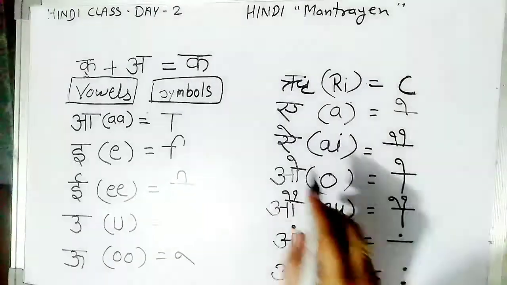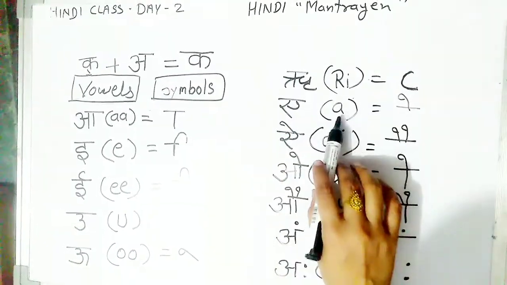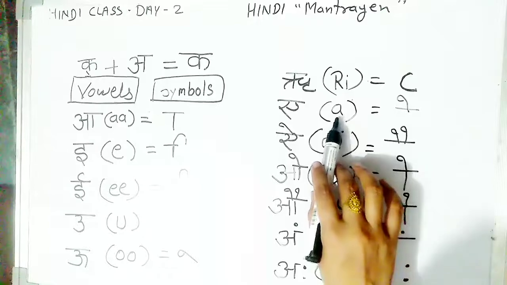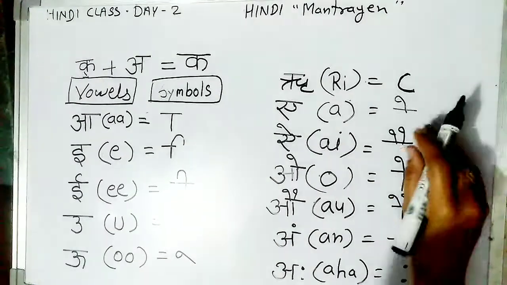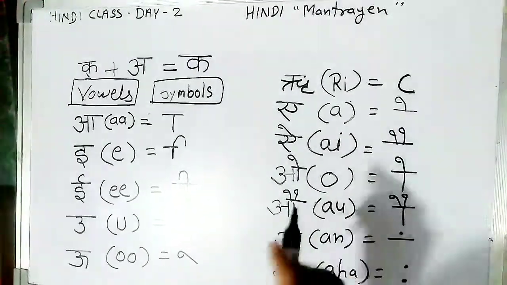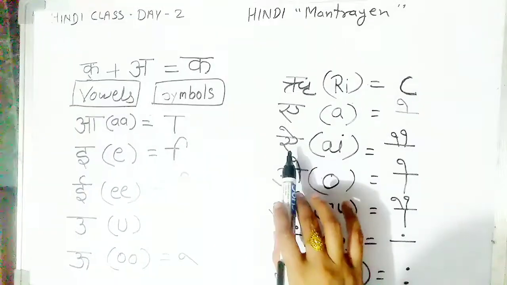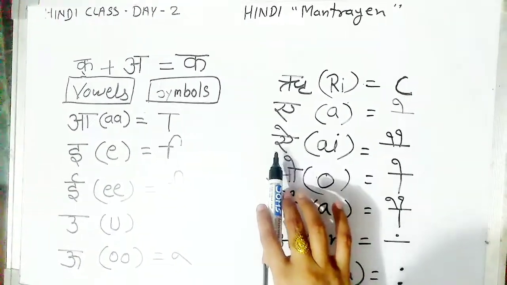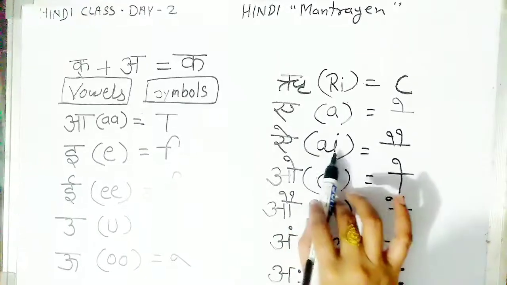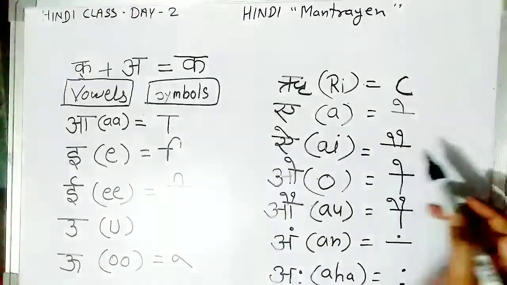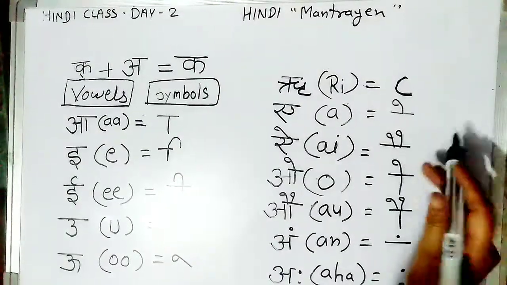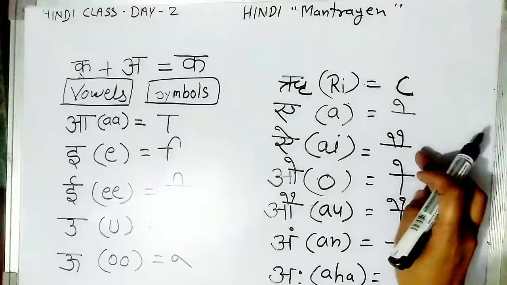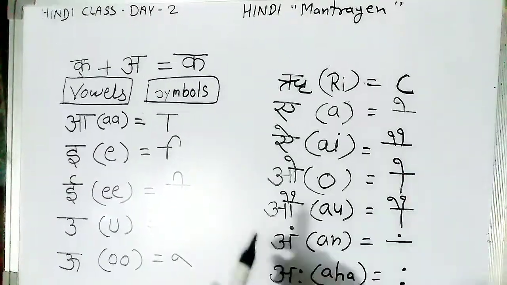A, the spelling is A, and this matra is like this. This is big I, and the matra is like this. This is the symbol of the I matra.